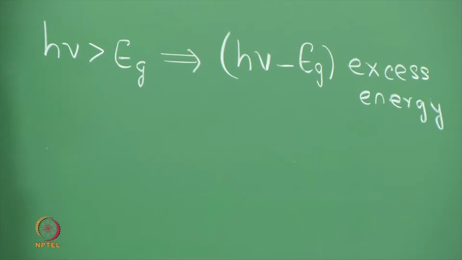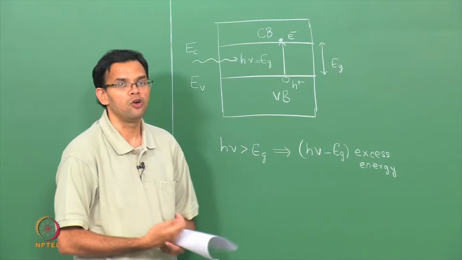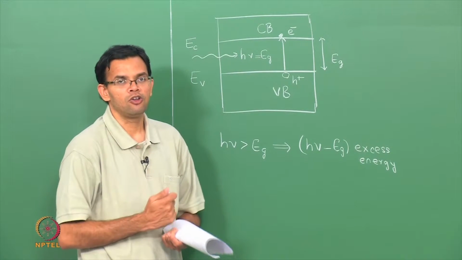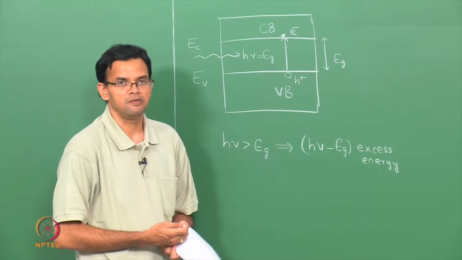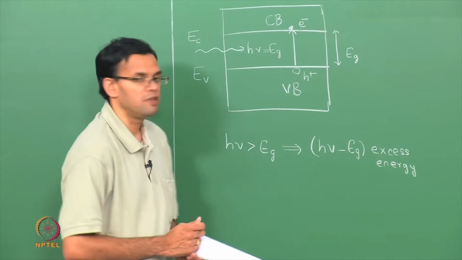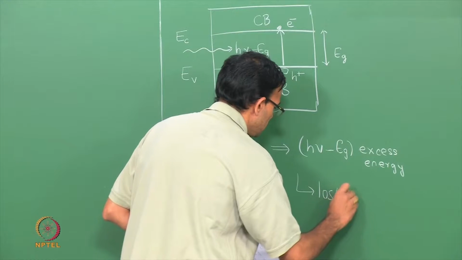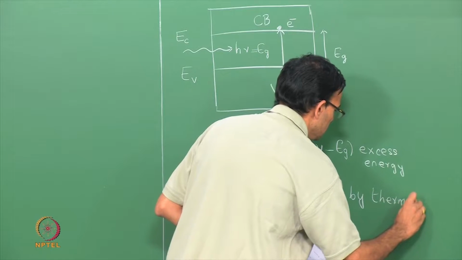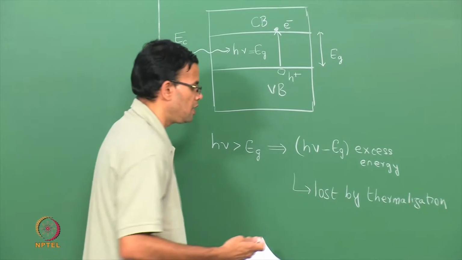This excess energy can be manifest in the electron in the conduction band or the hole in the valence band or both. But in this case, the electron or the hole loses this excess energy by a process called thermalization, where the energy is lost to the lattice and then it goes to the edge of the valence and the conduction band. So, this excess energy is lost by thermalization, that is, it is just transferred to the lattice.